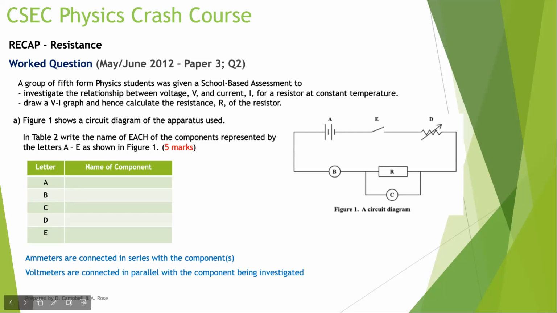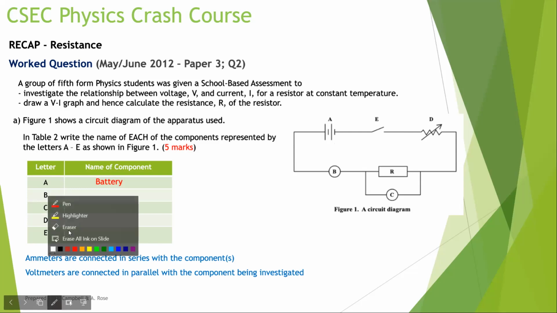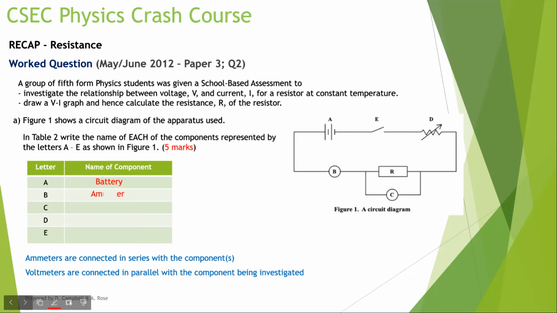So if we start off with A, realize that we have two positive and negative terminals connected end to end. So that's a battery. You have one positive, then one negative, and then another positive and another negative. So we have a battery for A. B, which is connected in series with R, is the ammeter, which is going to be used to measure the current that is flowing through the resistor.